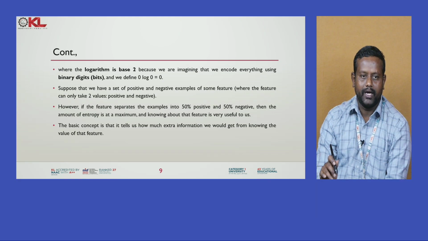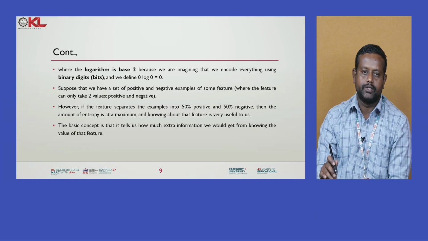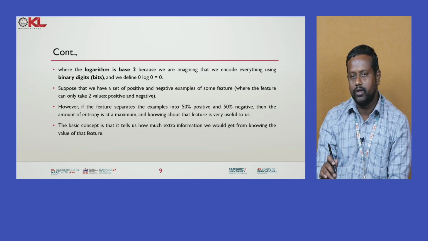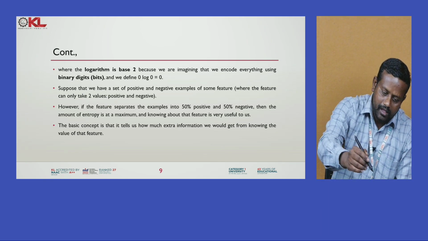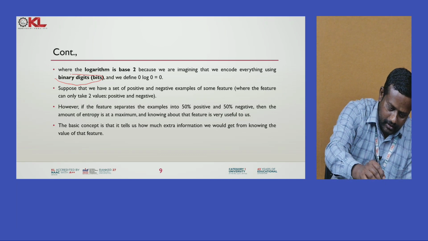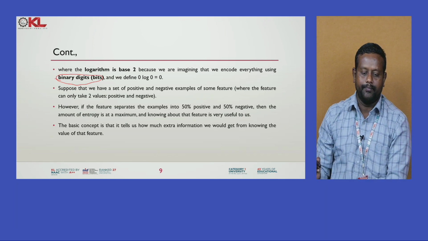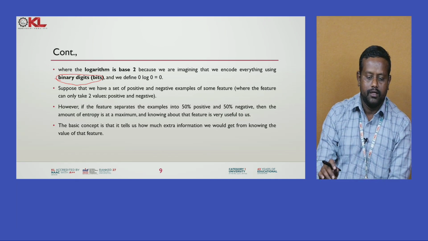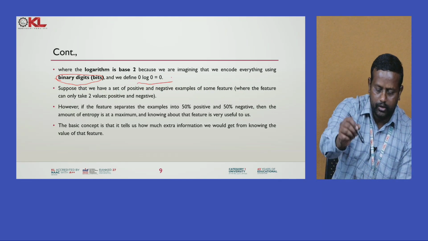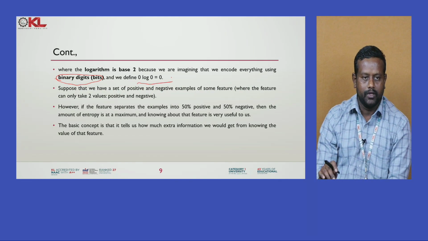It is an excellent and highly helpful way of solving classification problems and constructing a decision tree. The logarithm is base 2 because we imagine that we encode everything using binary digits, zeros or ones, and we define 0 log 0 to be equal to 0.